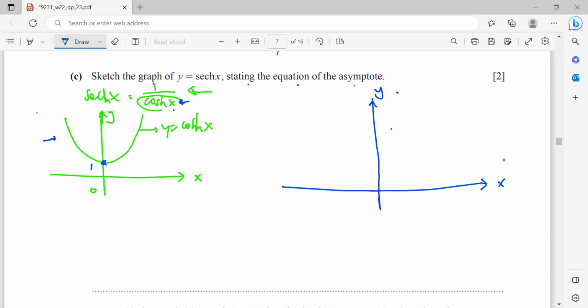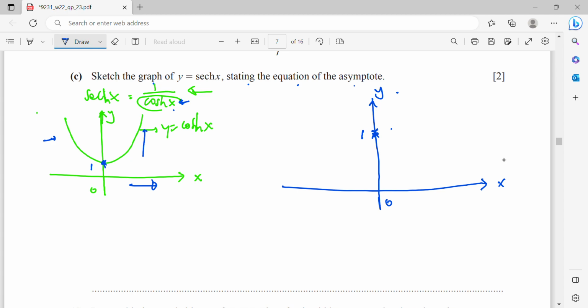So I will get a maximum point at 0, 1. Instead of a minimum in the cos x, it now becomes a maximum point in the hyperbolic secant x. Now, in the original graph, hyperbolic cos x, when x tends to infinity, y tends to infinity.